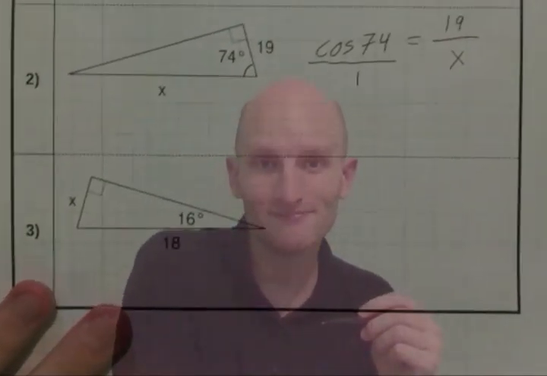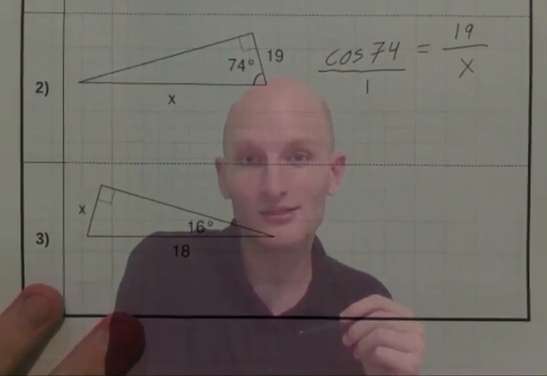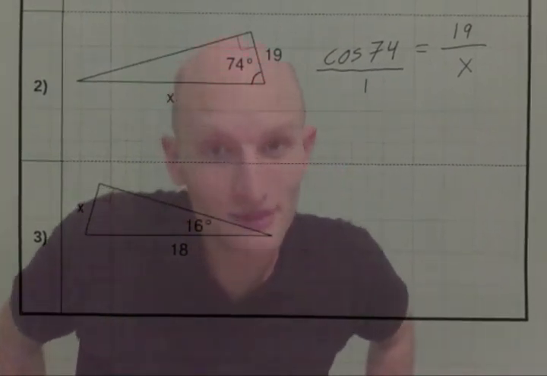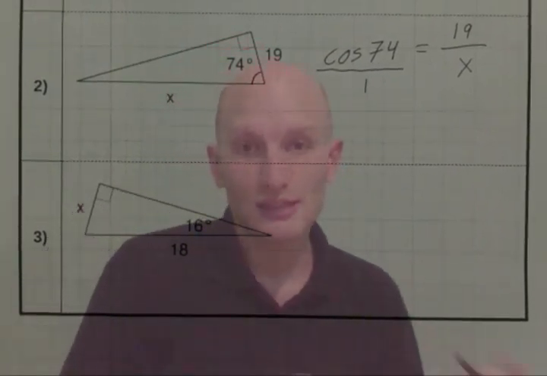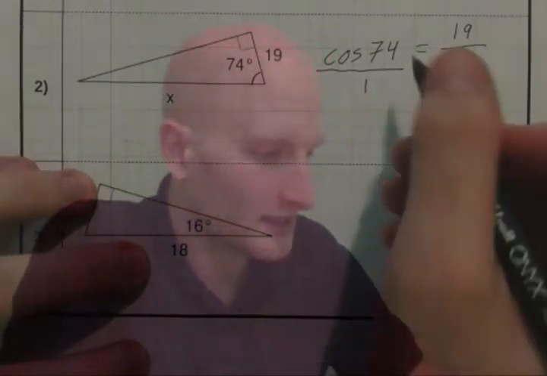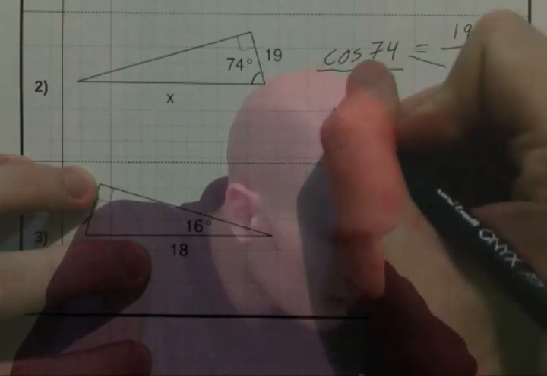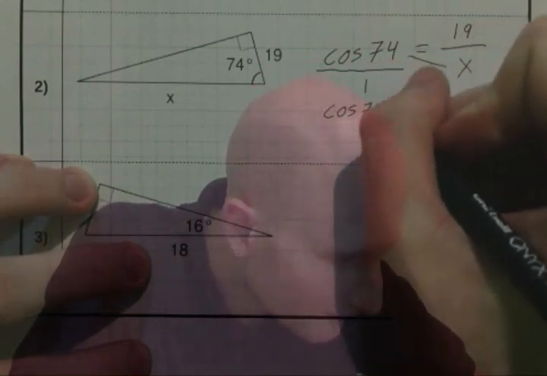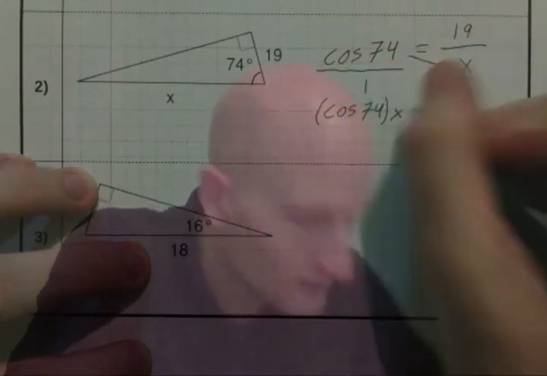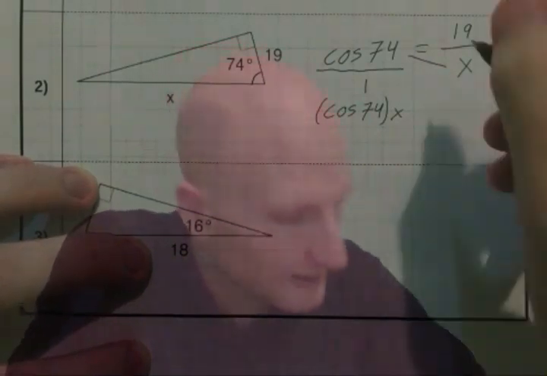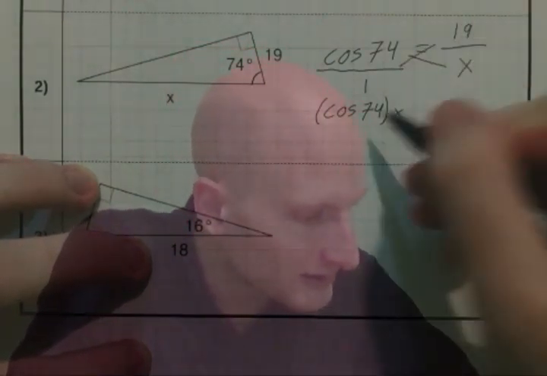On number 2, it's not that hard, but it's a little bit more difficult. So let's cross multiply. We get cosine of 74 times x, or you could put the x first, equals 19 times 1.